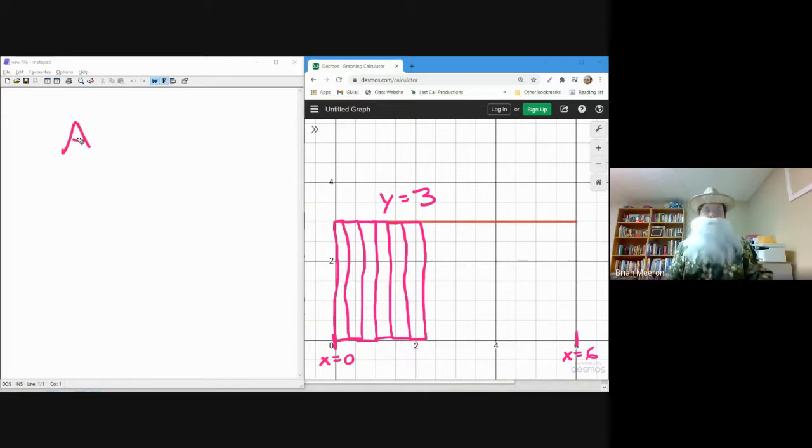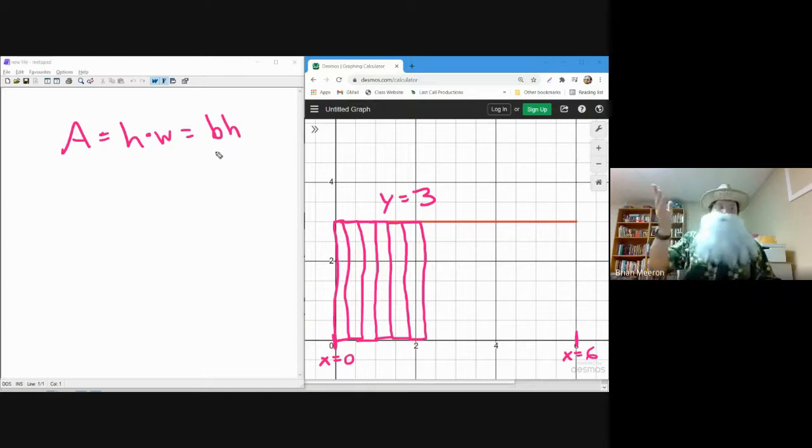Of course, we all know that the area of a rectangle is its height times its width, or you can call it its base times its height, or length times width, whatever. It's irrelevant. The important thing is that we can find those measurements for each one of these rectangles.